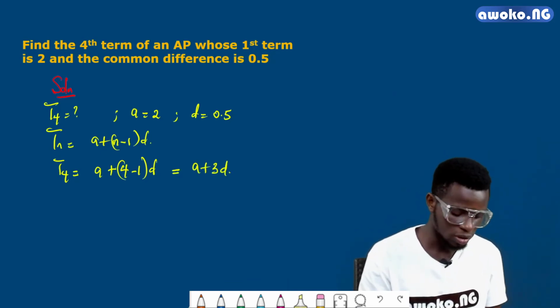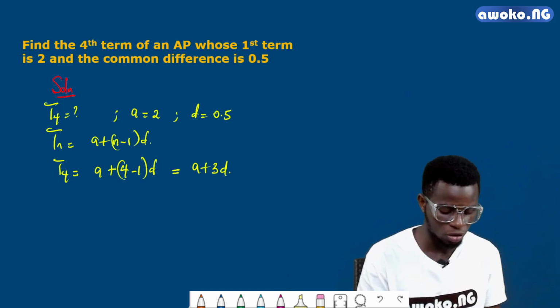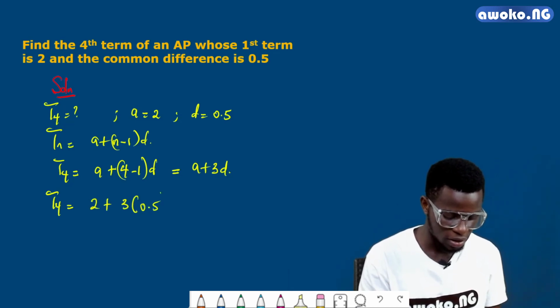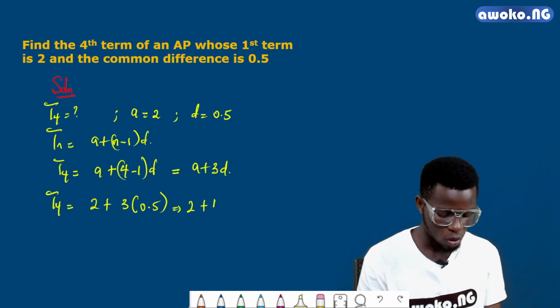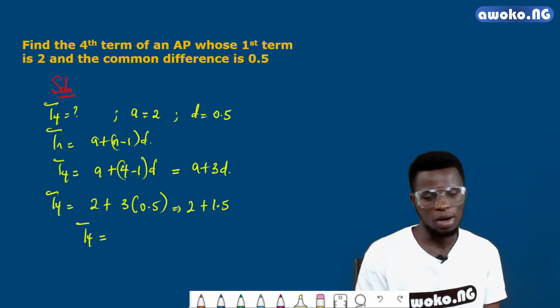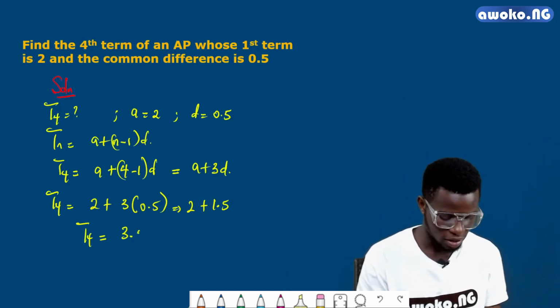Then to substitute the values of A and D into T4, we have T4 is equal to 2 plus 3 times 0.5. This will give us 2 plus 1.5, and T4 is going to give us 3.5.